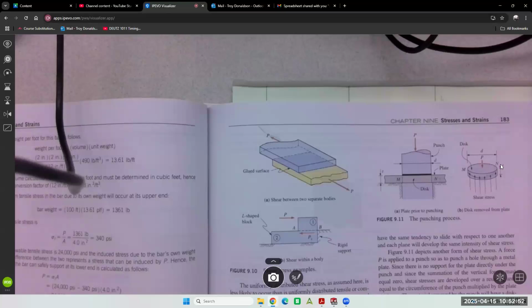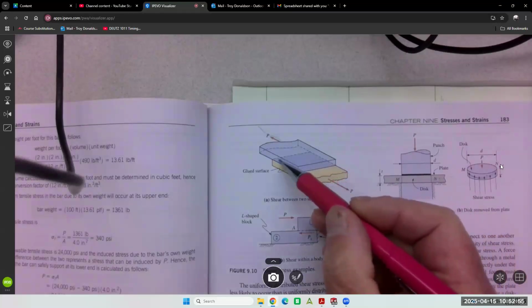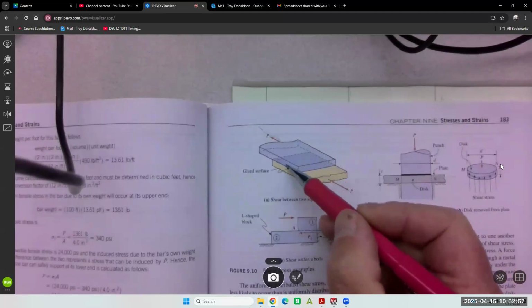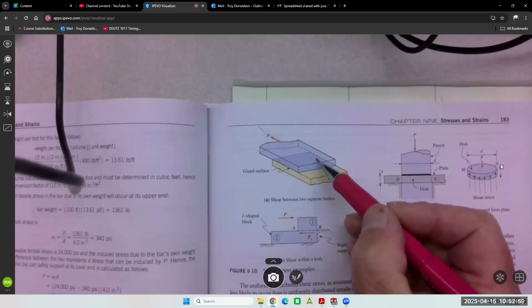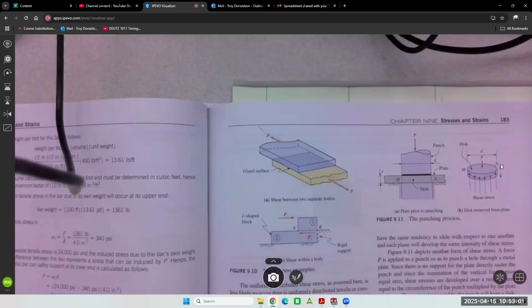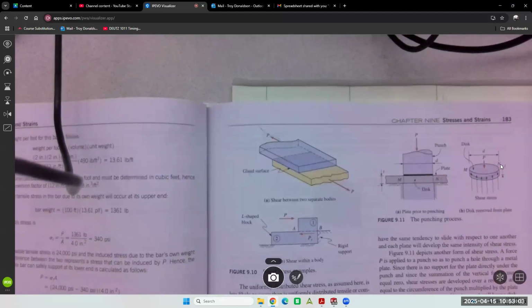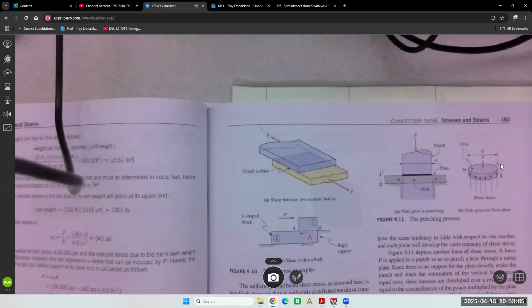The area that's holding it, everyone see that area? It's this rectangle right here. That's your shear stress area. That area is parallel to the loads. That makes sense? I'm emphasizing this because this is how you tell. I'm going to give you things and say, calculate the stresses.